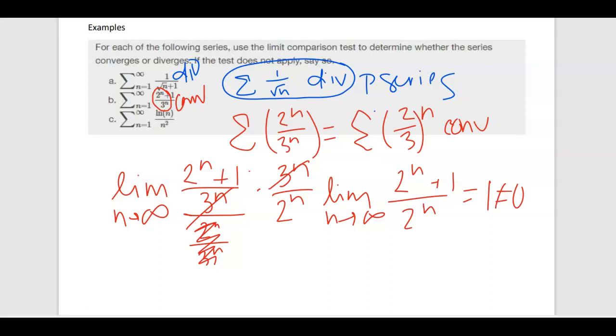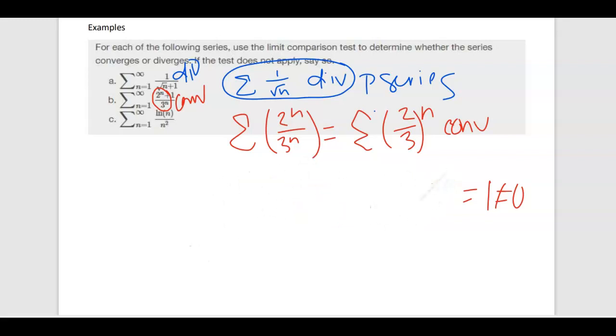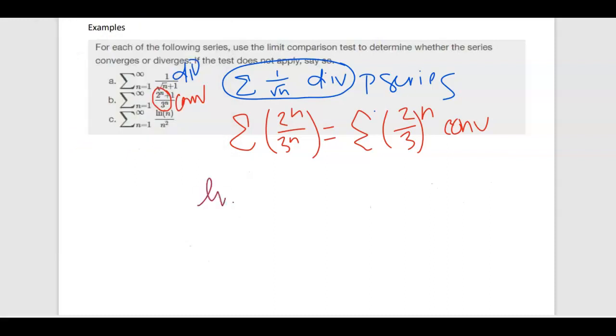All right, let's go ahead and look at our natural log over n squared for our last one. Now again, this might be one where you're not quite sure what this needs to look like. I do know that natural log of n is always smaller than n. We talked about that last time, right? So if I divide both of those by n squared, maybe it makes sense for us to look at 1 over n on this side, which I know diverges.